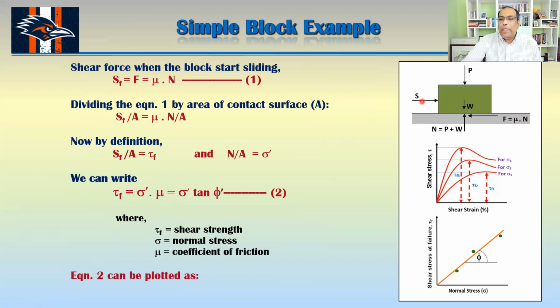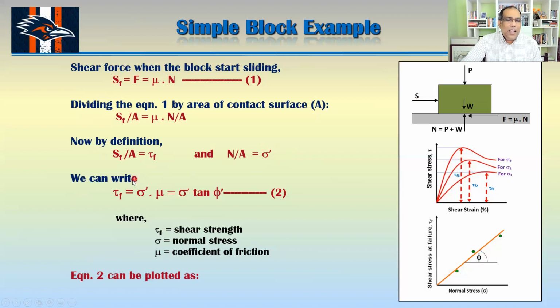Now you can see that just before failure, S has to be equal to F. So S_F, the shear force at failure, is equal to F, which is equal to mu multiplied by N. Now, if you divide equation 1 by the contact surface, let's say the contact surface area is A, then S_F by A equals mu times N by A. But by definition, S_F by A is your tau_f, the shear stress, and N by A is basically your normal stress, right?